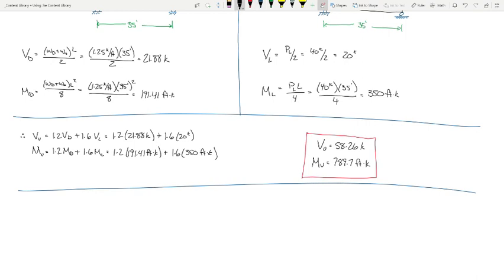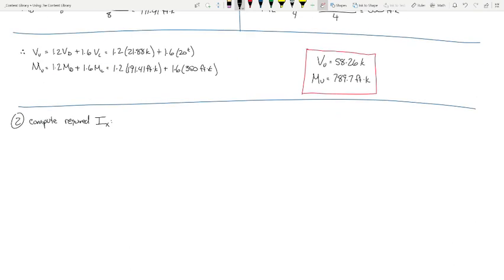Okay, now step 2, we need to compute our required moment of inertia. So the way this is going to work is, first off, help me out. What is our centerline live load deflection expression that we're going to use?